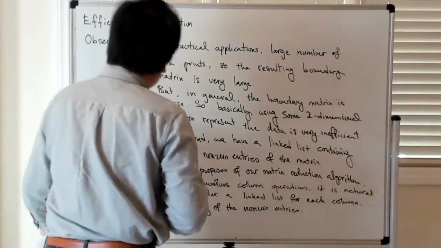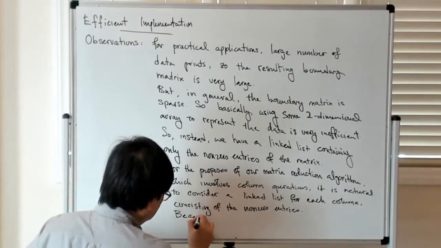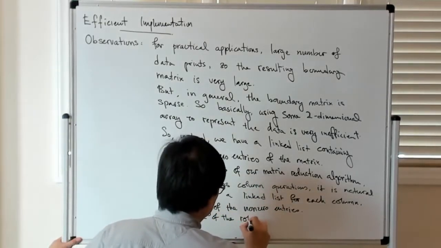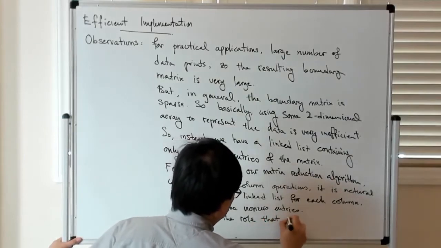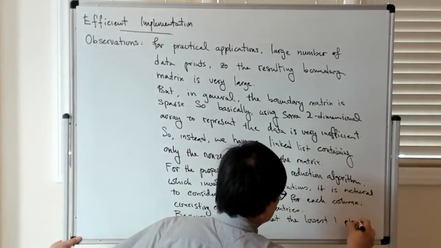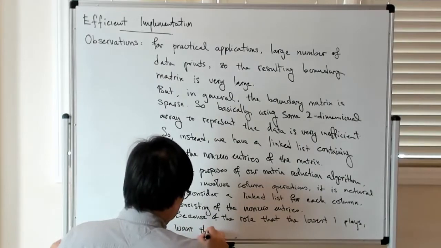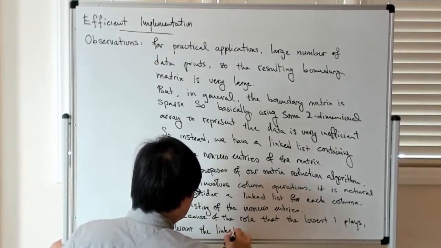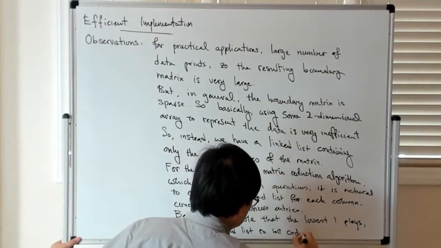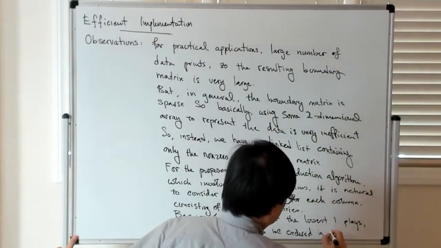So because of the role that the lowest one plays, I want the linked list to be ordered in reverse order.